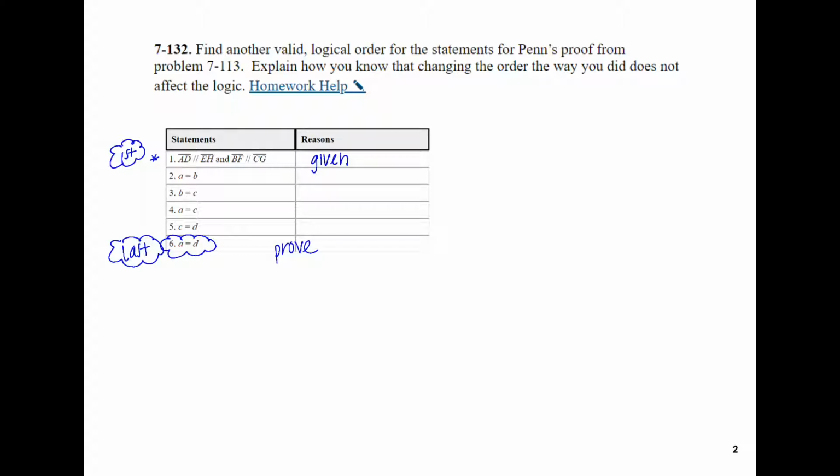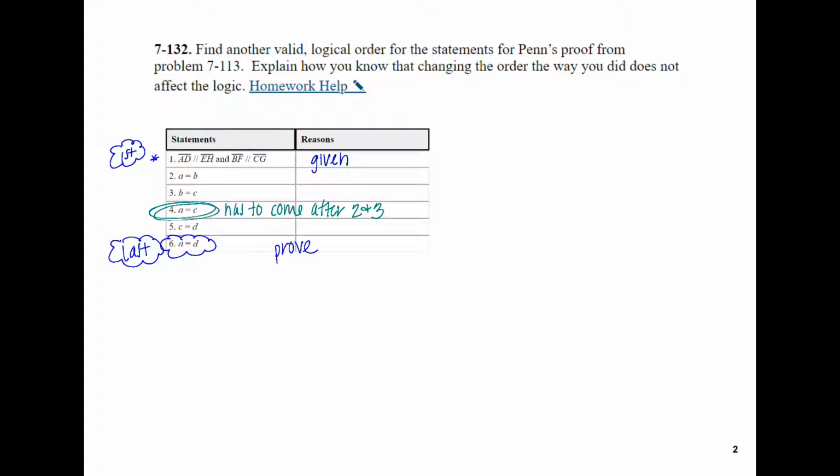When we looked at the other statements, we should notice that statement 4 has to come after 2 and 3. Because logically, it doesn't make sense to say that A is equal to C if we don't have A is equal to B and then B is equal to C proven first.